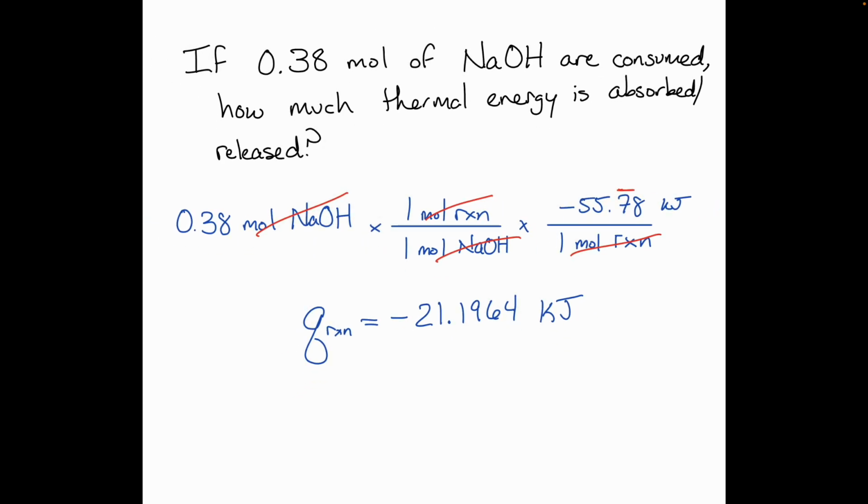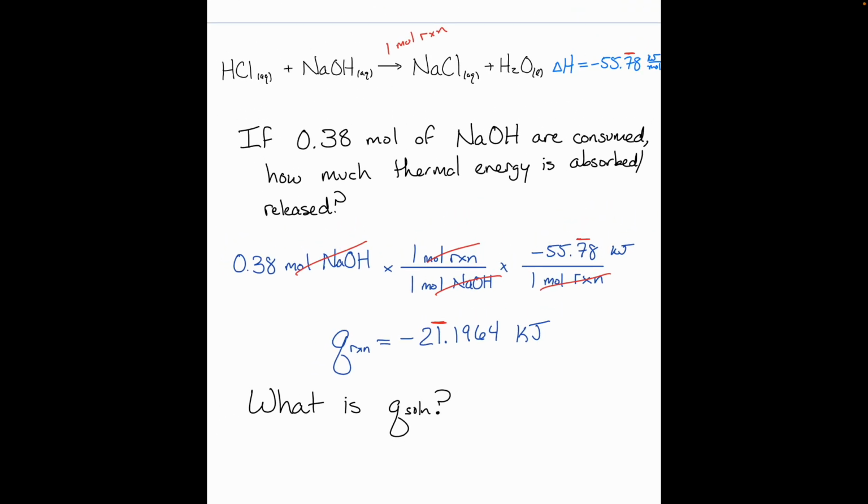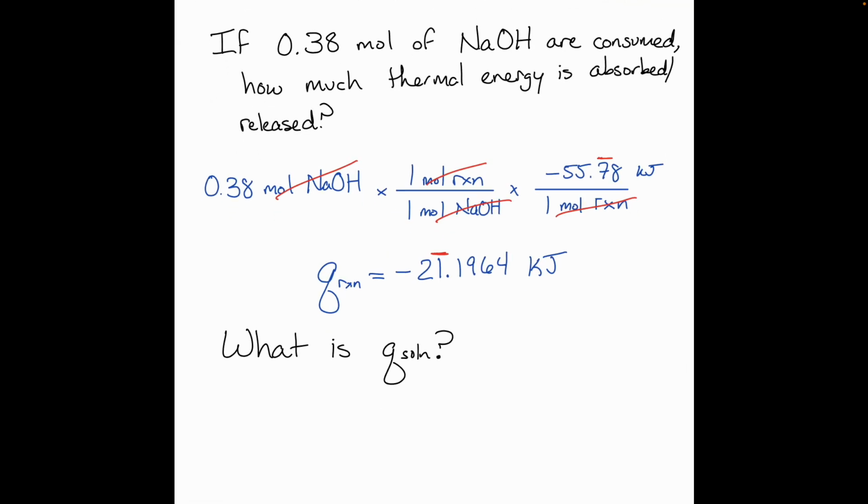Our sig figs here, we have 3. Oh, no, we don't. We only have 2. All right, so now we're not done here. We're going to ask, what is the Q of our solution? Exactly, right?